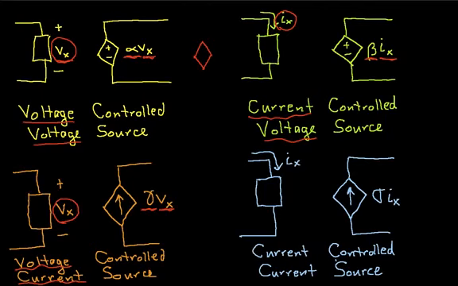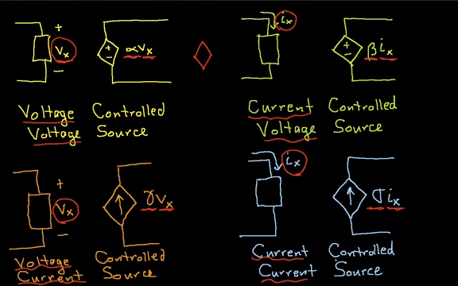And so in fact, when you look at the spec sheet on a bipolar junction transistor, sometimes you'll actually see beta supplied there. And finally, to round things out, you have a current-controlled current source. So you monitor some current somewhere in the circuit, and the output of the source is sigma times that current.